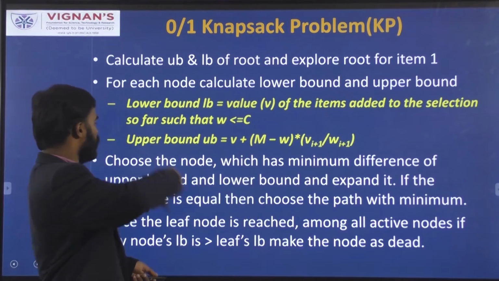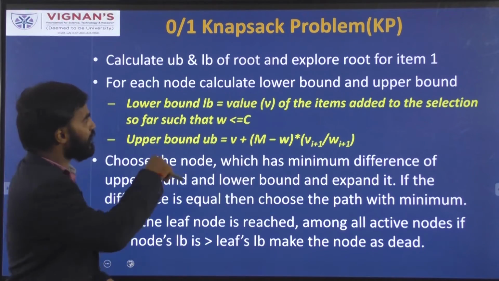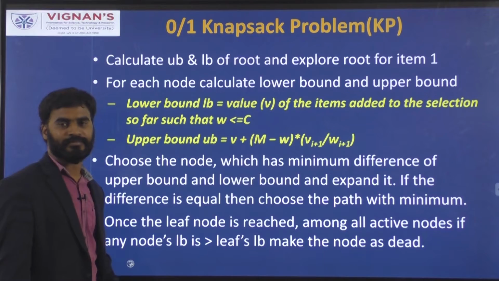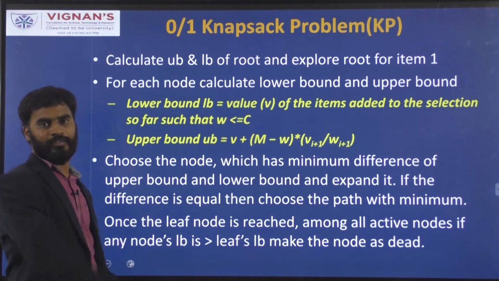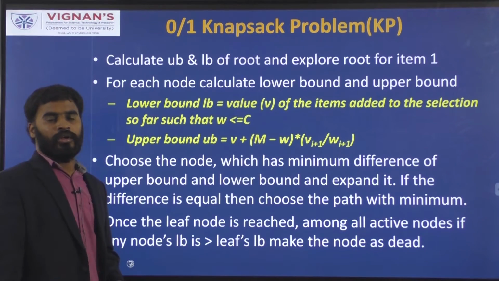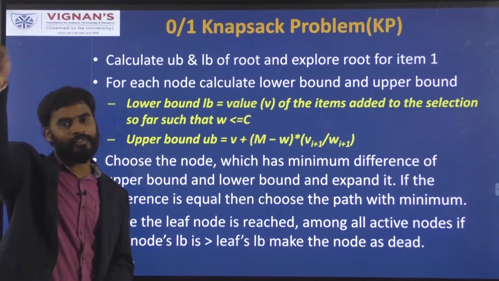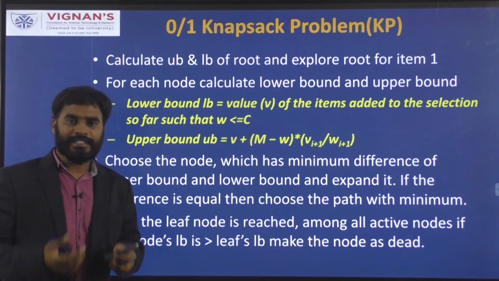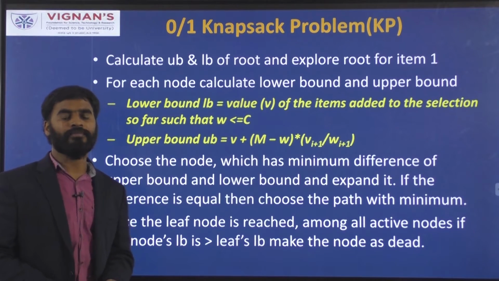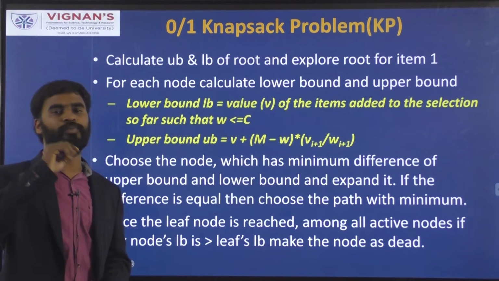This is the algorithm for the 0 or 1 knapsack problem. When we are constructing the state space tree, we start with the root node. In the state space tree of the knapsack problem, every node will have two branches.